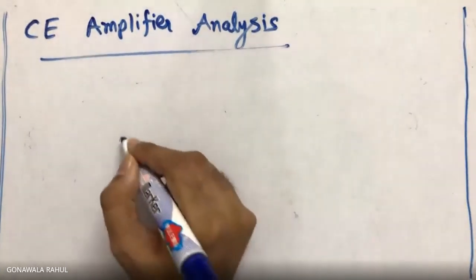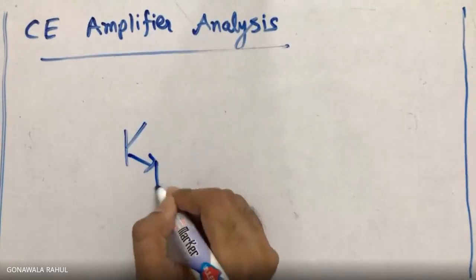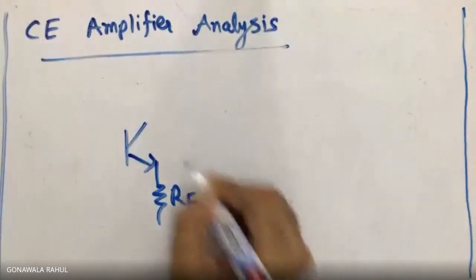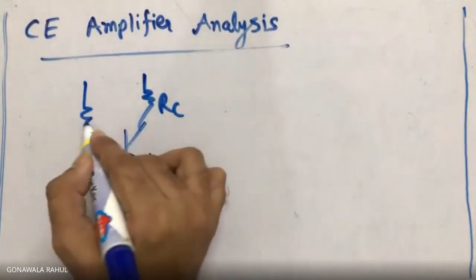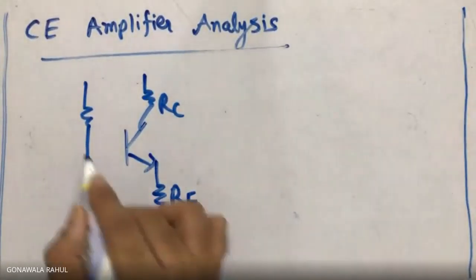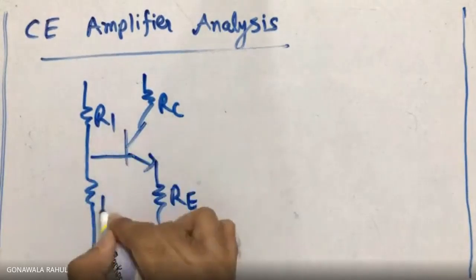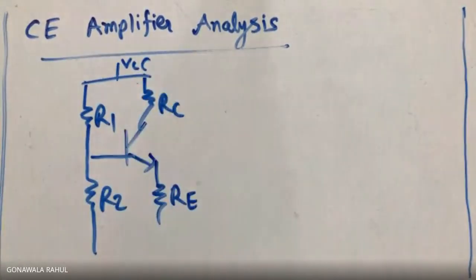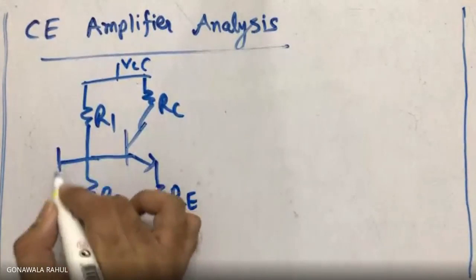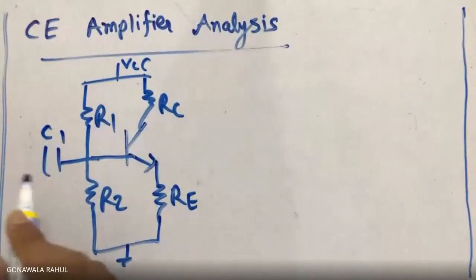Okay, so we are drawing that circuit, common emitter amplifier. This is RE, RC, and here we have R1 and R2. This is R1, this is R2. This is connected to VCC. This will be grounded. Here we have a coupling capacitor C1.